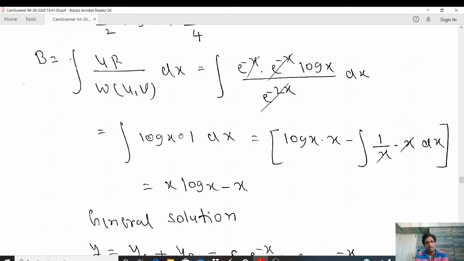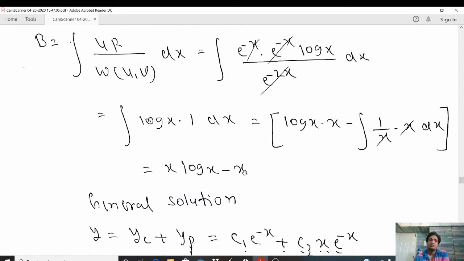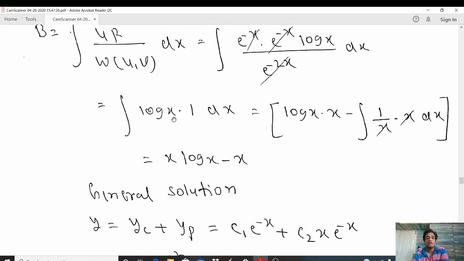Directly also we can write the log x integration, but I have derived it also. Log x I have written as log x into 1. So first log x and integration of 1 is x, minus log x differentiation is 1 by x, integration of 1 is x. So x gets cancelled. X log x, and here integration dx becomes x.